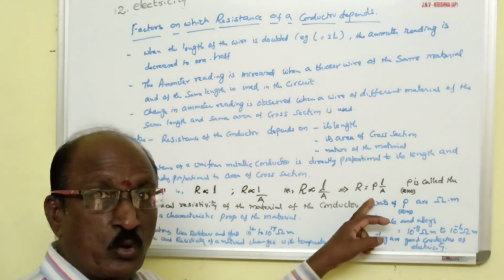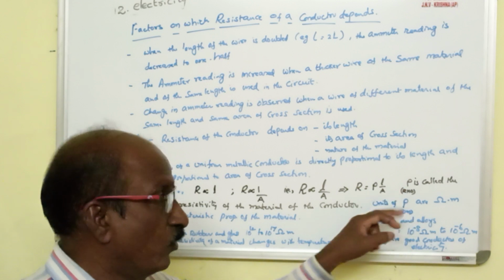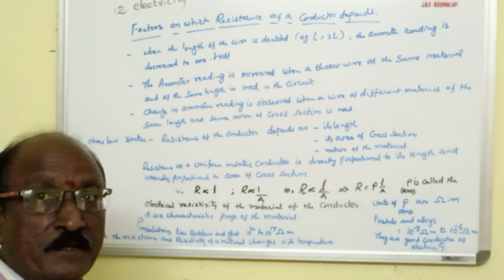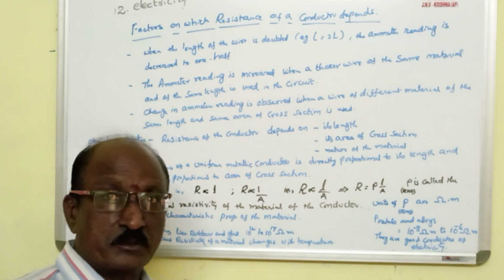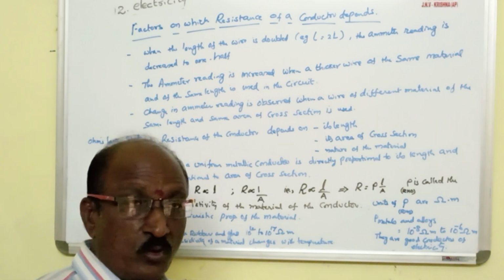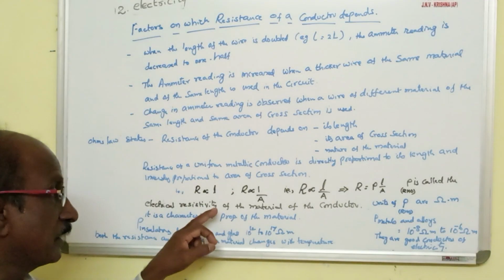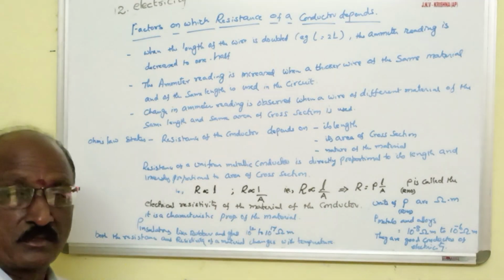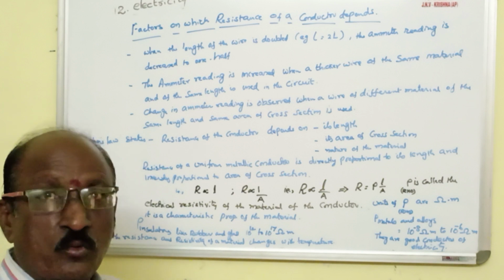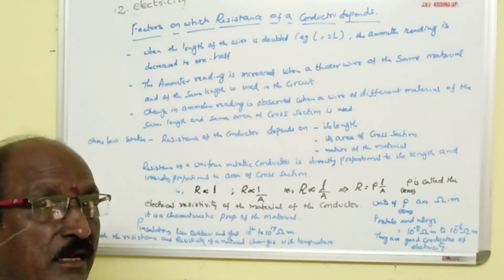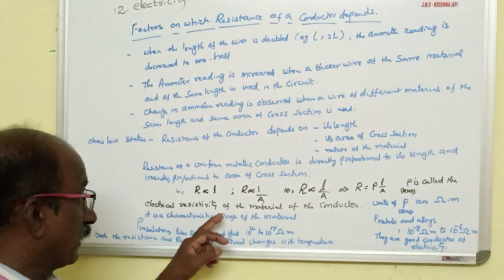R is equal to rho L by A. Rho is a Greek letter used for this purpose. Rho is called the electrical resistivity of the material of the conductor. What is rho? Rho is called the electrical resistivity of the conducting material.